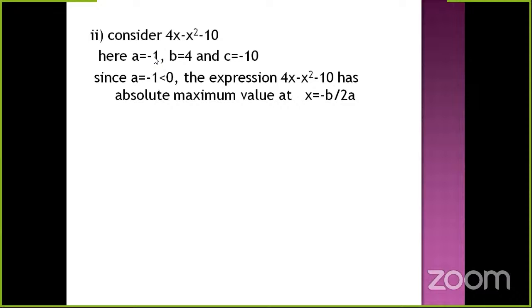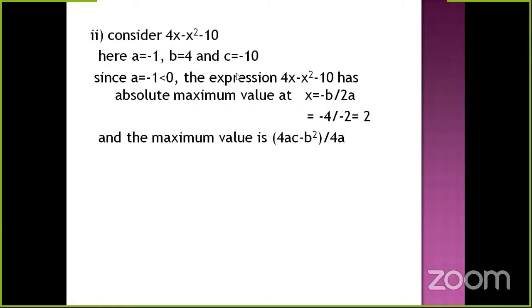Since a is equal to minus 1 is negative, the expression will be having absolute maximum value, and the value will be existing at x equal to minus b by 2a. By substituting the values, I will get minus 4 by minus 2, that is equal to 2. Means the quadratic expression will have maximum value at x equal to 2.